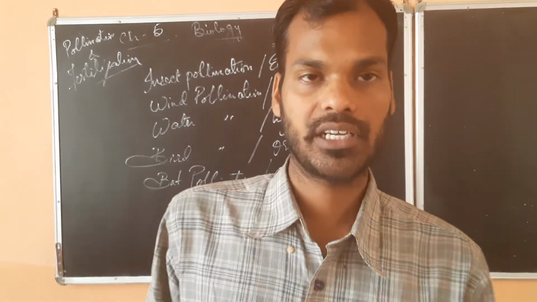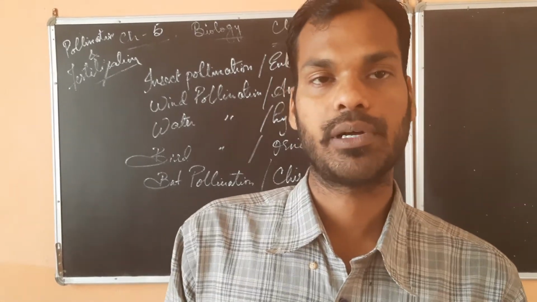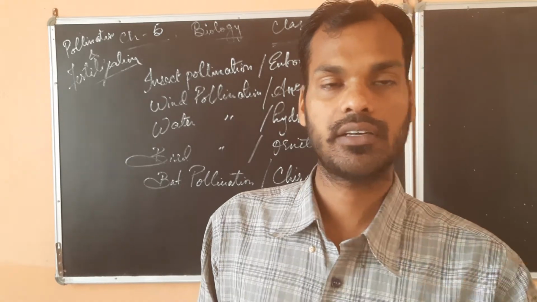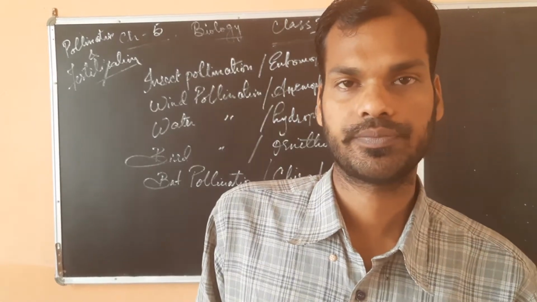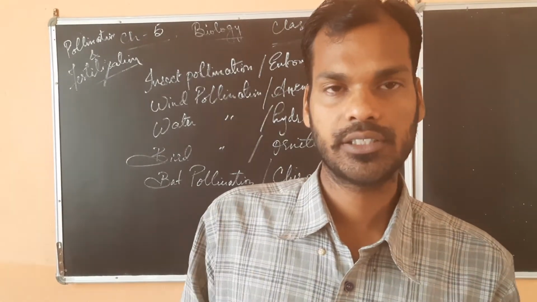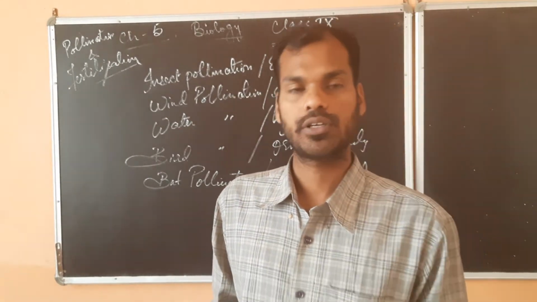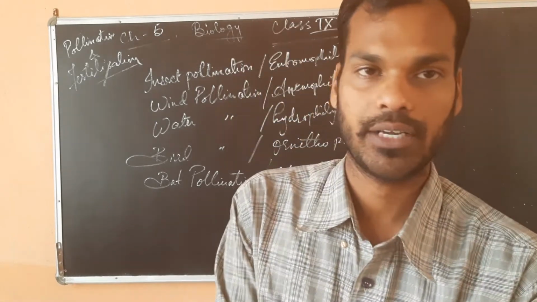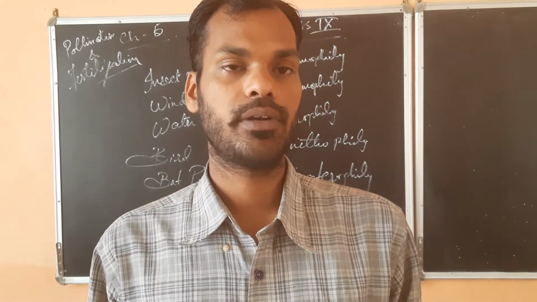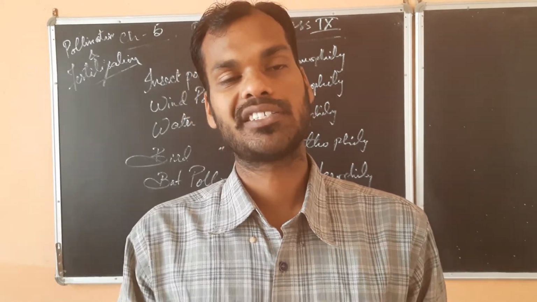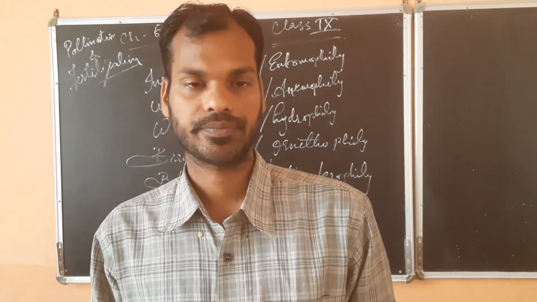After the zygote formation, all the non-essential parts of the flower, that is the sepals, petals, etc., get detached from the flower, and only the zygote remains, which develops into fruit. The fruit, the outermost part, is developed from the ovary, and the seed is developed from the ovules.